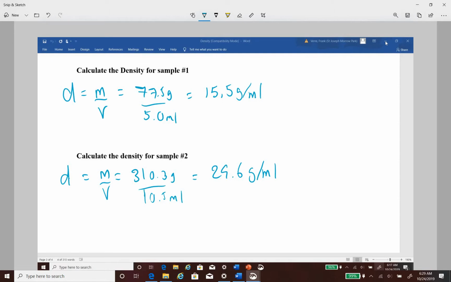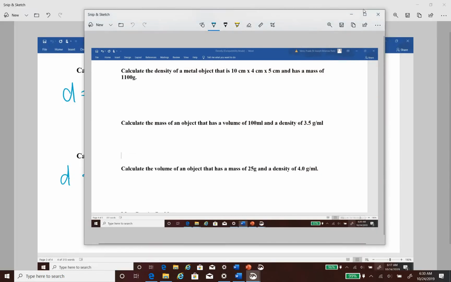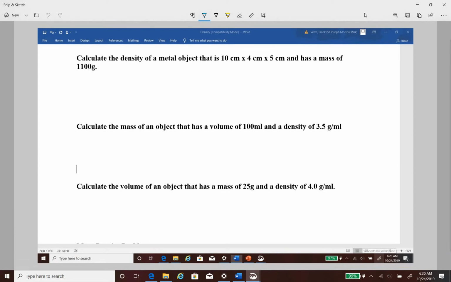Okay, so these are for irregular shaped objects, so you need the displacement method. But I'll show you an example of what happens if you have an object that is actually regular. You don't need the displacement method for a question like this one, because this is just a rectangular object. It's solid. You've got your width, your height, I call this the length, and you've got your dimensions.